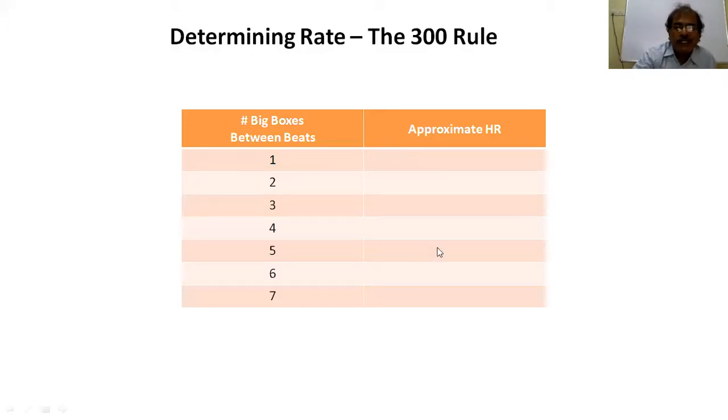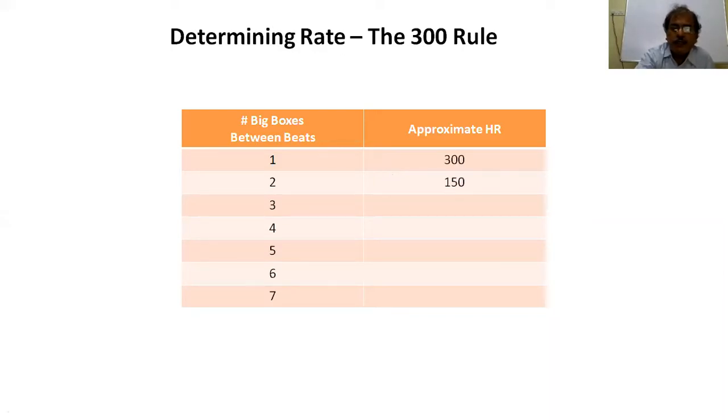Now, if you can remember certain things, then it is always easy to calculate the heart rate. If one big box is there, then the heart rate is approximately 300.